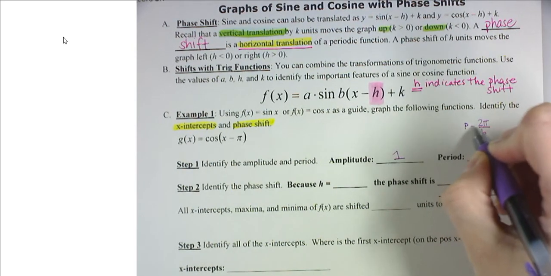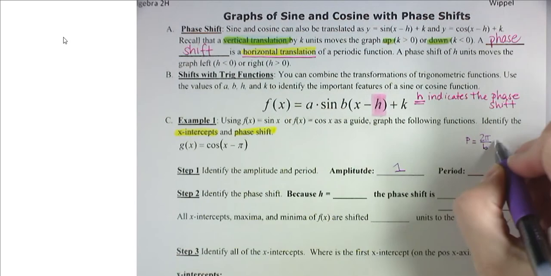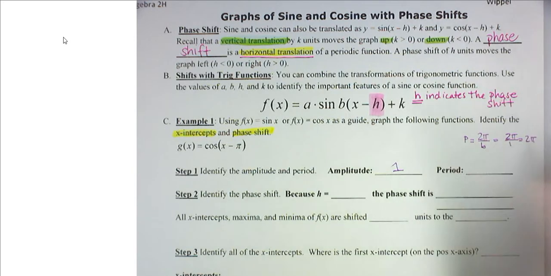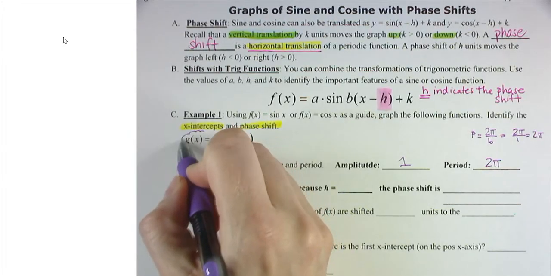Your value of b is what is in front of x. In this case, you don't see anything in front of x, which means that you would do 2 pi over 1, which is just going to be 2 pi. So our period for this graph here is going to be 2 pi, and the amplitude is 1.